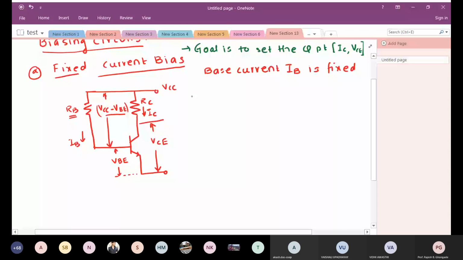So IB happens to be the voltage across RB. What is the voltage across RB? VCC minus VBE, divided by RB. Excellent.